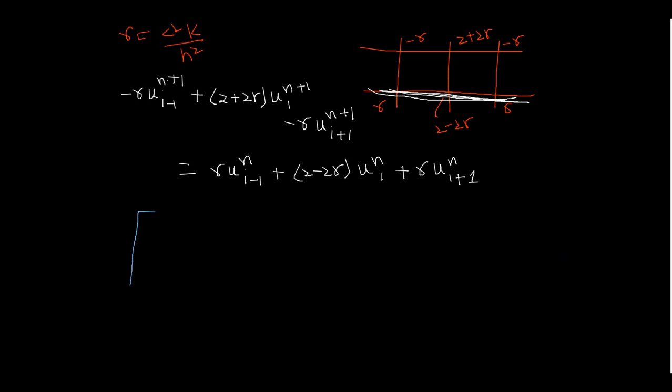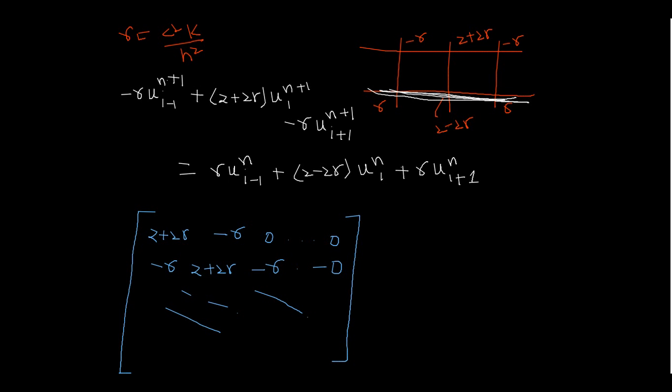So if you write it in matrix form, how will it look? It will be 2 plus 2r, minus r, 0; then 0, minus r, 2 plus 2r, minus r, then 0. Similarly it will continue, and it will come minus r and 2 plus 2r. This multiplies the vector u1, u2, up to u9.